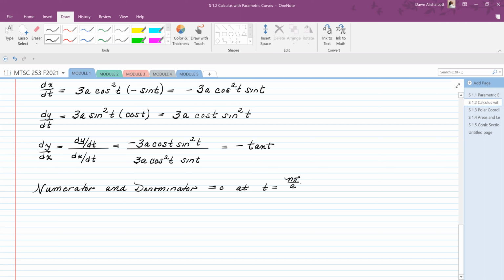All right, so you get cusps. You get horizontal tangents when the numerator is 0 and the denominator is not equal to 0, and that doesn't happen. And you get vertical tangents when the numerator is not equal to 0 and the denominator is equal to 0. That doesn't happen either. Okay. So let's look at the cycloid.